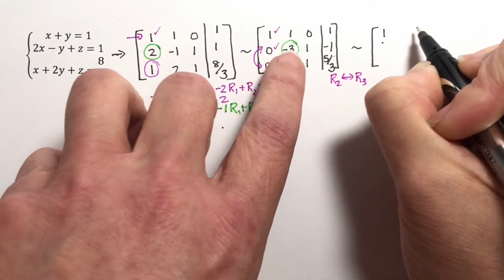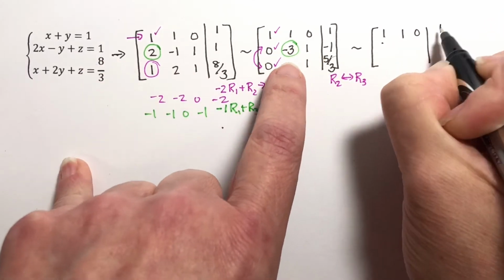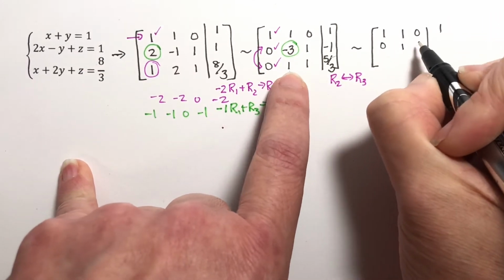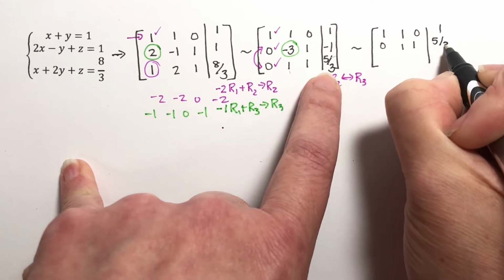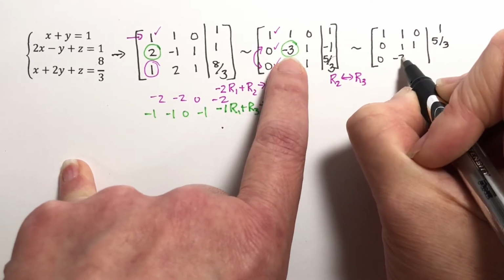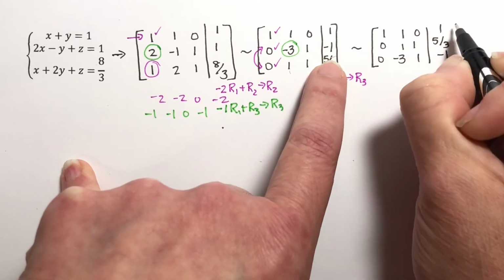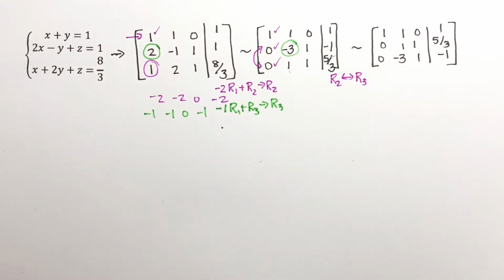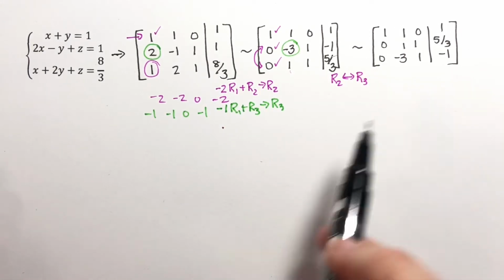1, 1, 0, 1, then 0, 1, 1, 5/3, and then 0, -3, 1, -1. I have seen so many careless mistakes on this kind of step, so just be careful with it.